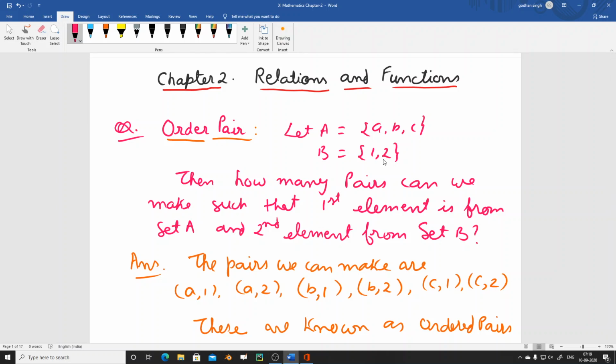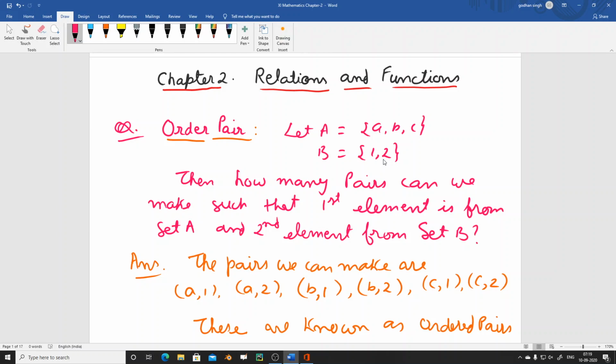So again, what is the ordered pair? (a,1), (a,2). From the first set we take the element b, then we can pair it with either 1 or 2, so (b,1), (b,2), then (c,1) and (c,2). So this is what is known as an ordered pair. Remember that (1,a) has a different meaning. (1,a) means we are taking 1 from the first set, but there is no 1 in the first set.